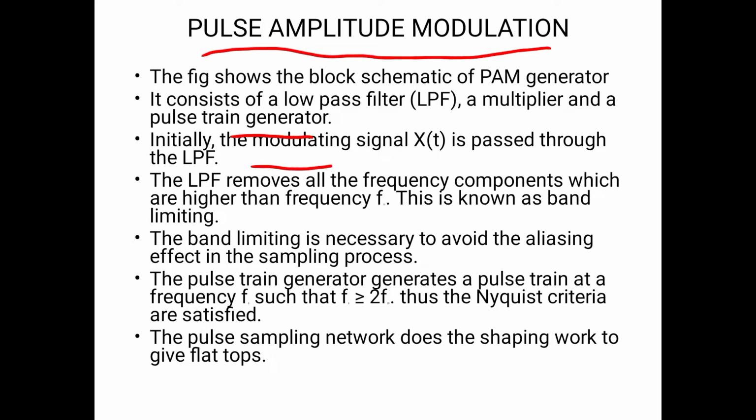Initially, the modulating signal x(t), which is nothing but the message signal, is passed through the low pass filter for eliminating noise or any error. The low pass filter removes all the frequency components which are higher than the frequency f.